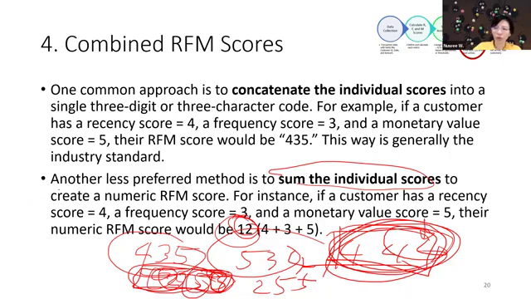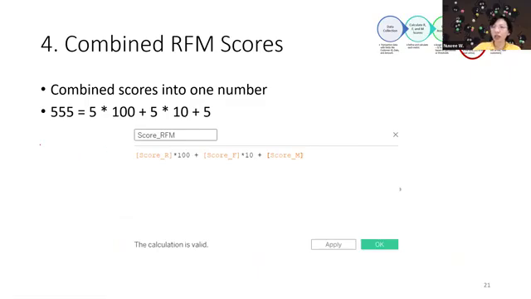So usually people will not use this way. We will use this other way. So how do we do that? Very easy. The first number we multiply by 100, the second number we multiply by 10, and you get the scores into one number with 3 digits.